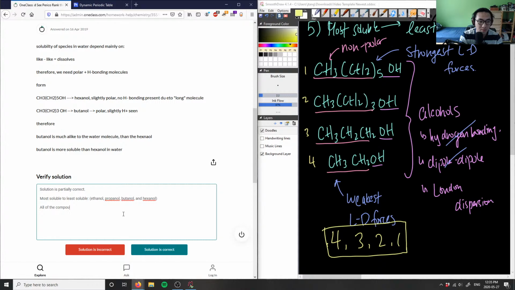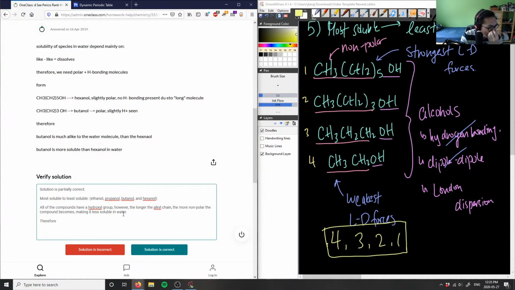All of the compounds have a hydroxyl group. However, the longer the alkyl chain, the more nonpolar the compound becomes, making it less soluble in water.